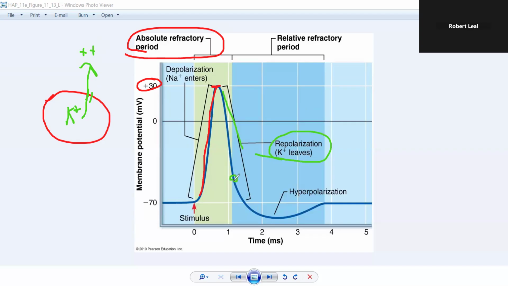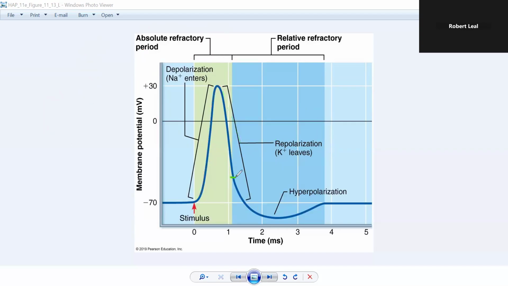Right about here, you're almost back to minus 70 millivolts, but not quite. At this point, called the relative refractory period, I could get another action potential. I just need a stronger stimulus.